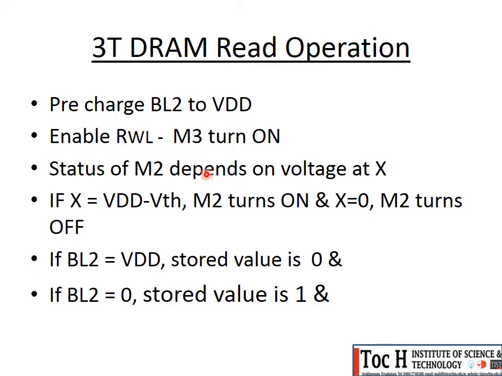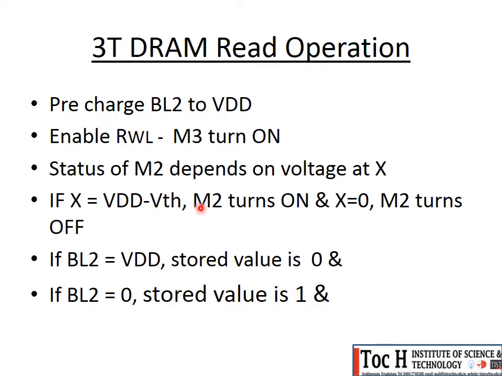Now the status of M2 depends on the voltage at X. If the stored value is 1, then the voltage at X will be VDD minus VTH, a small drop due to the threshold, which I have already explained. This VTH is the voltage drop across the on transistor. So the maximum voltage to which the capacitor will be charged is VDD minus VTH.